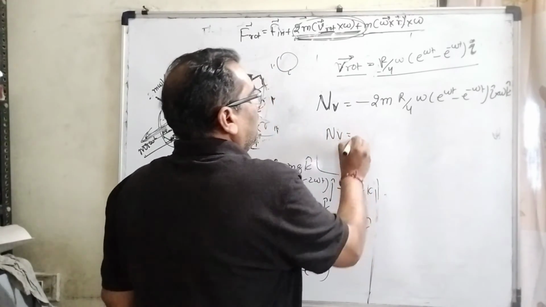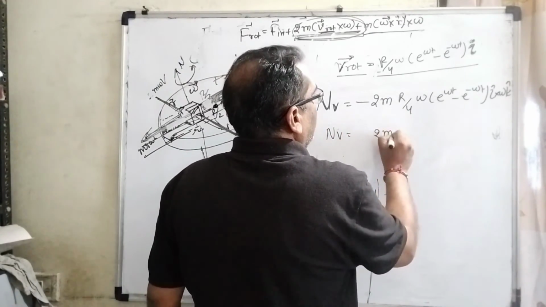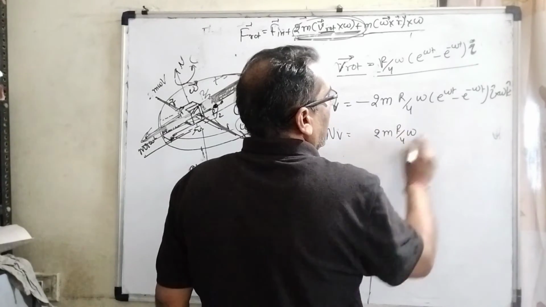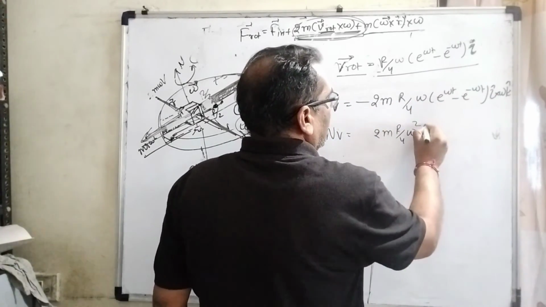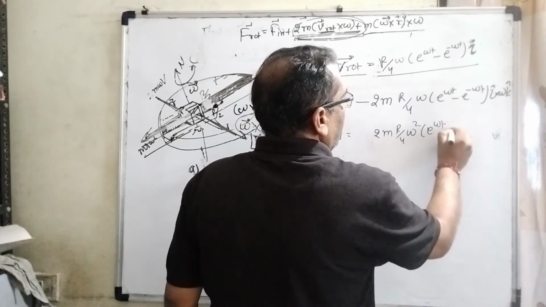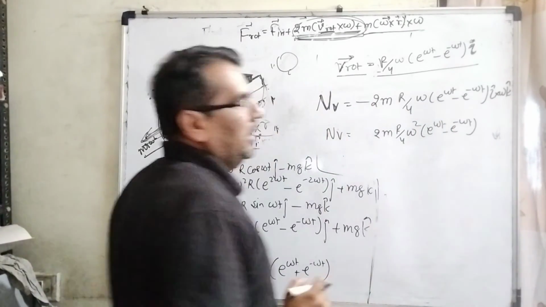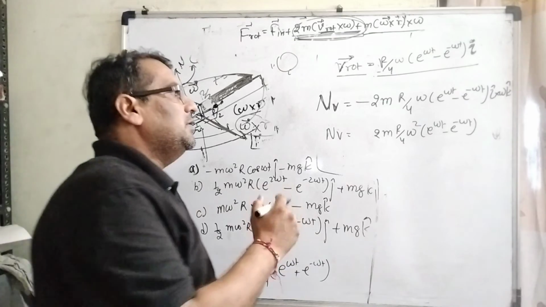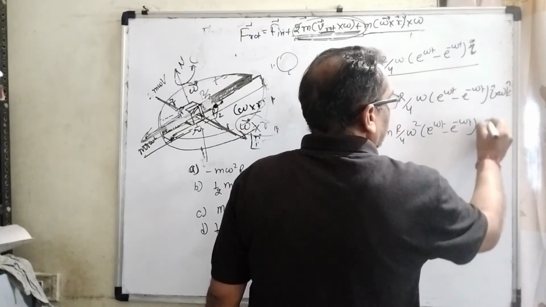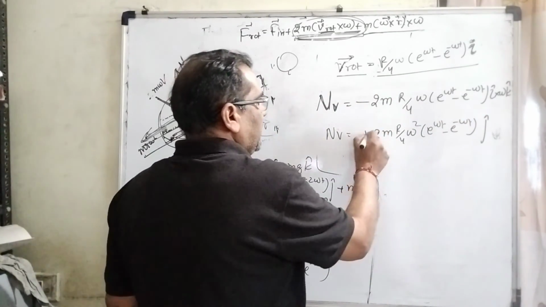Now N_V is 2m r by 4 omega, this omega square, and e raised to power omega t minus e raised to power minus omega t, i cross k. I cross k means j direction but negative, so minus minus becomes plus.